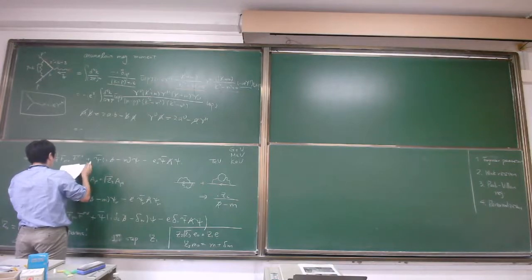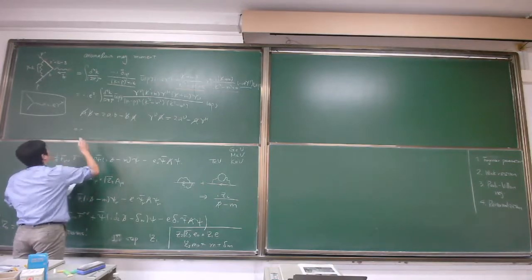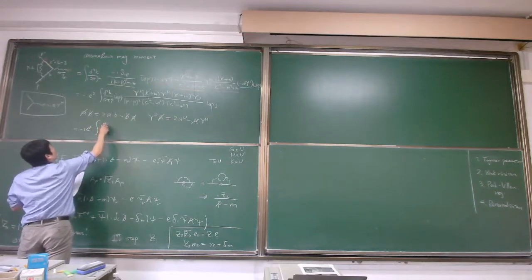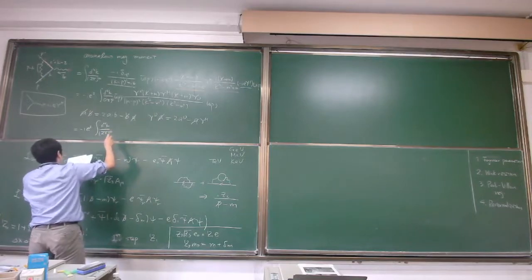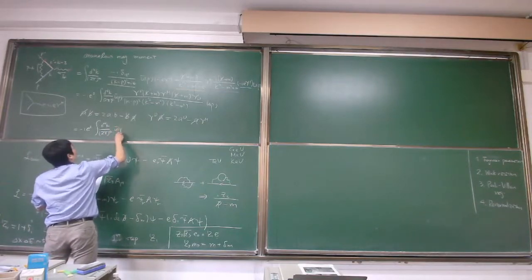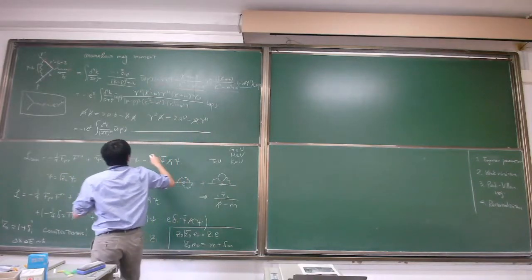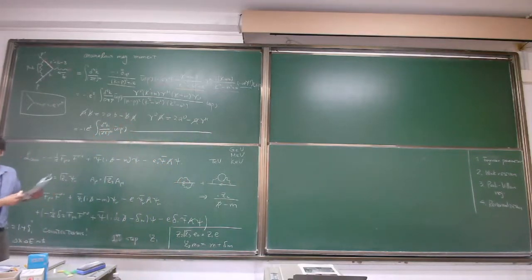A moment. So in this step, let's do one by one. We have d^4k over (2 pi) to the fourth, and then u bar of p prime, and the denominator is the same, so I'm not going to write the denominator. We are interested in only the numerator.